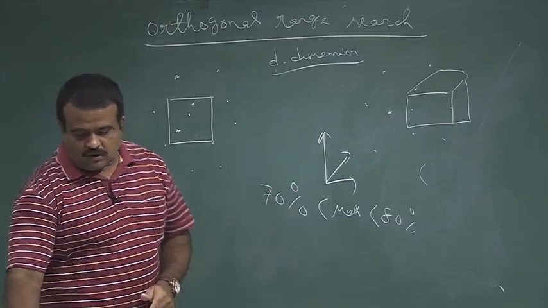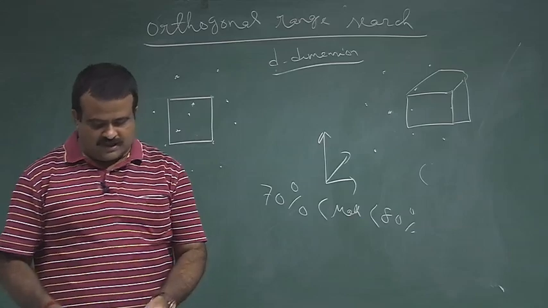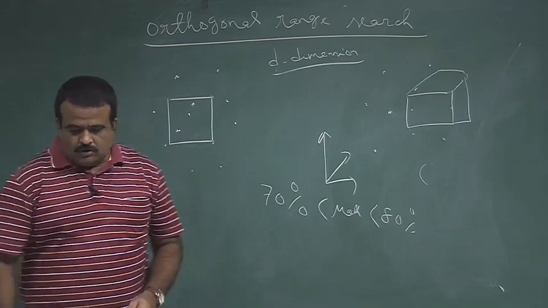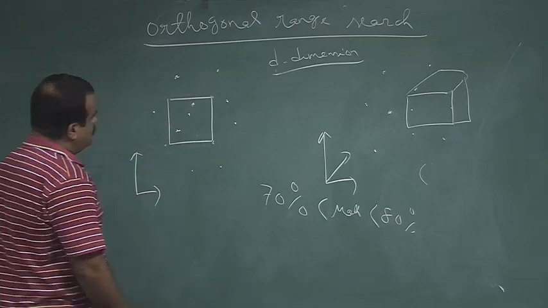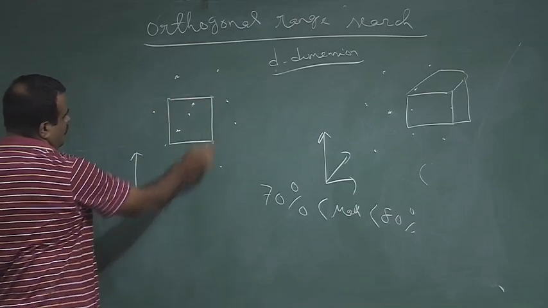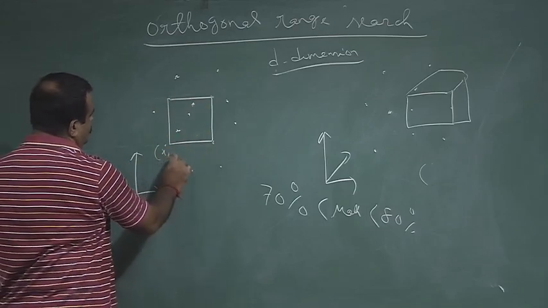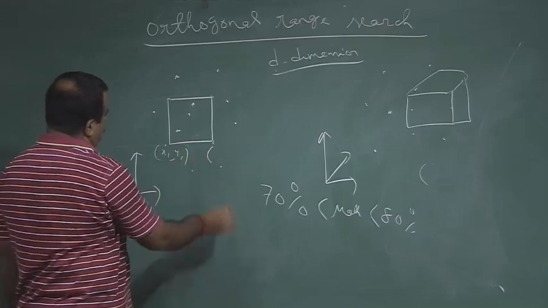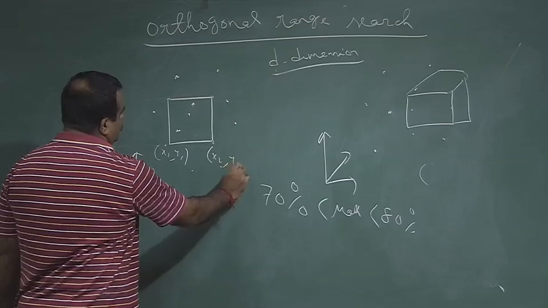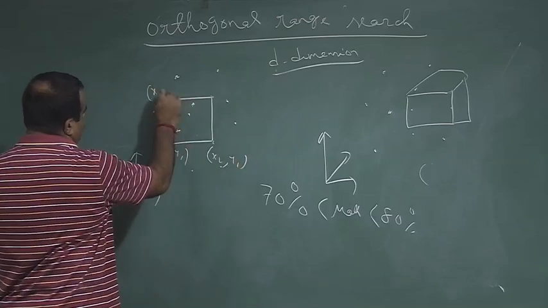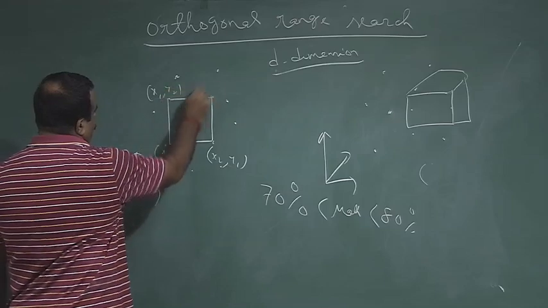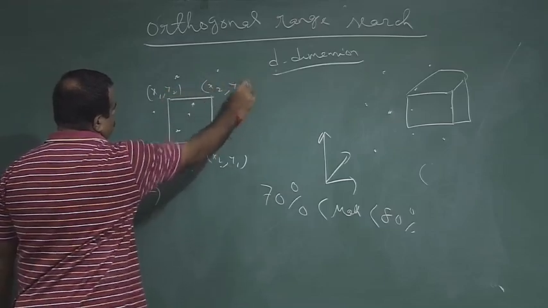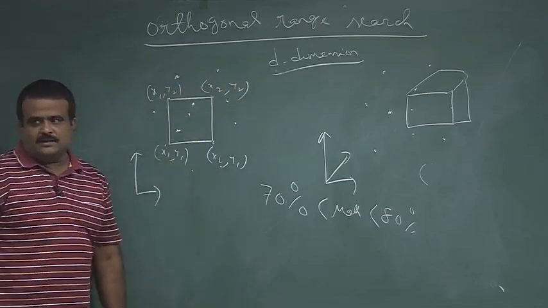Now how to solve this orthogonal range search query? One shot, suppose we are in 2D. We know the coordinates: this is say x1 y1, this is x2 y1, this is x1 y2, this is x2 y2. Suppose we are given this rectangle. Now, how can we do this?